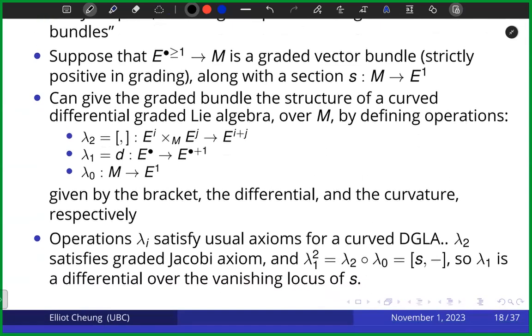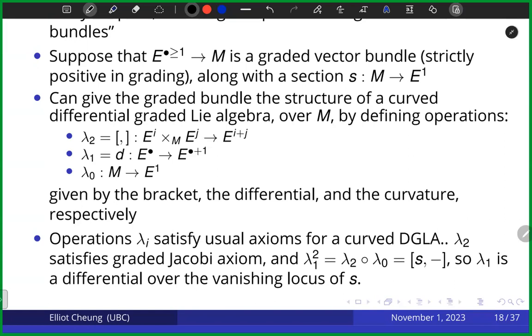Its axioms are word for word lifted out of how you would define a differential graded Lie algebra over complex numbers, it's just that now everything is relative to M. In particular, the bracket satisfies a graded Jacobi axiom, but D squared isn't necessarily going to be zero; it's zero up to the bracket with the curvature term.